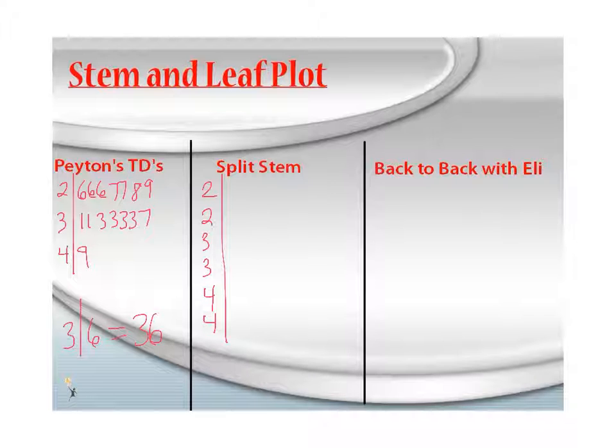And what that allows me to do then is I'm going to put the lower 20s on this row and the upper 20s on this row. The lower 30s, upper 30s. So this is going to be 20 through 24, 25 through 29, 30 through 34, 35 through 39, and so forth.